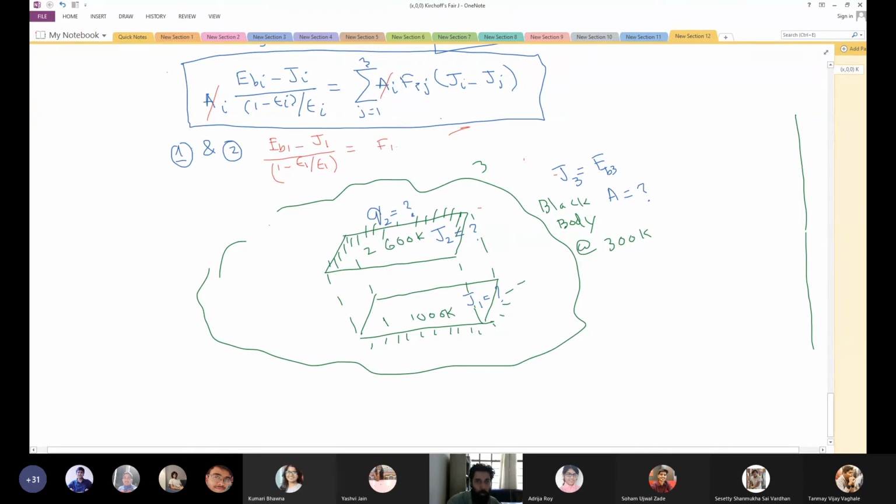See, F11 equals 0, F22 equals 0, so F11 will not be here. F12. This is one equation. Another equation will be.